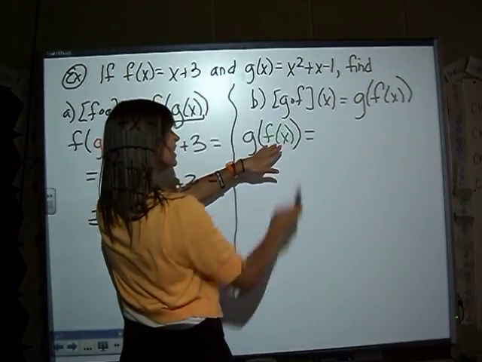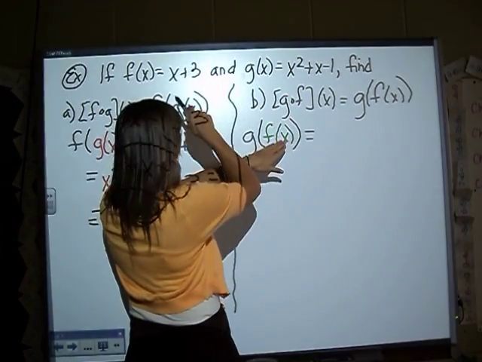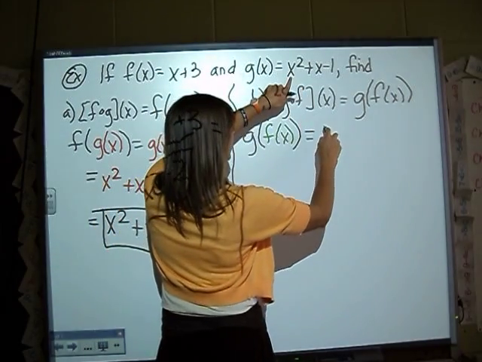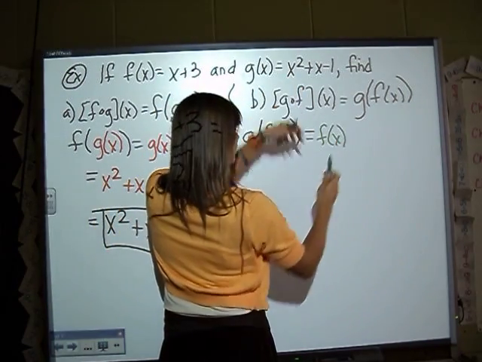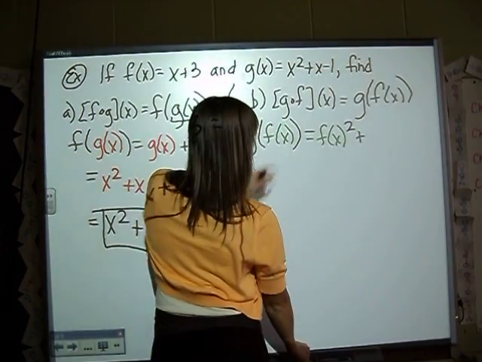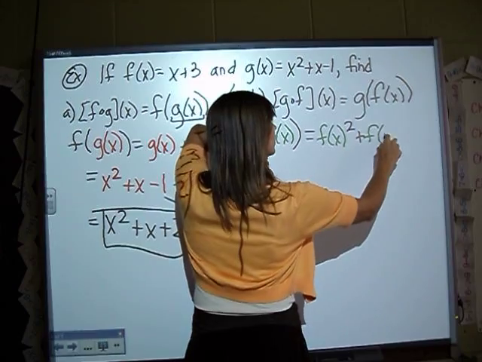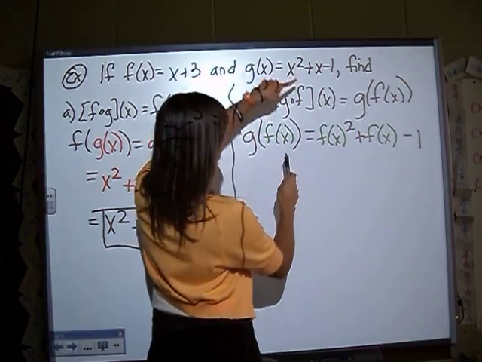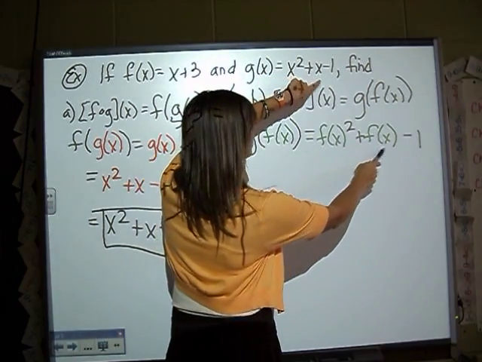So wherever I see an x in my g of x, I'm going to replace it with an f of x. So here I'm going to have f of x squared plus f of x minus 1. Okay, so wherever I saw an x, I put an f of x.